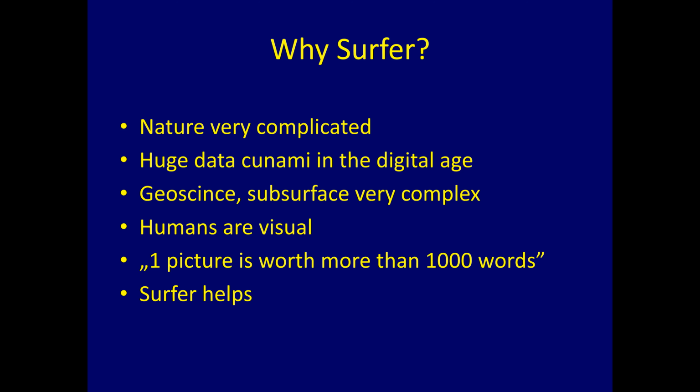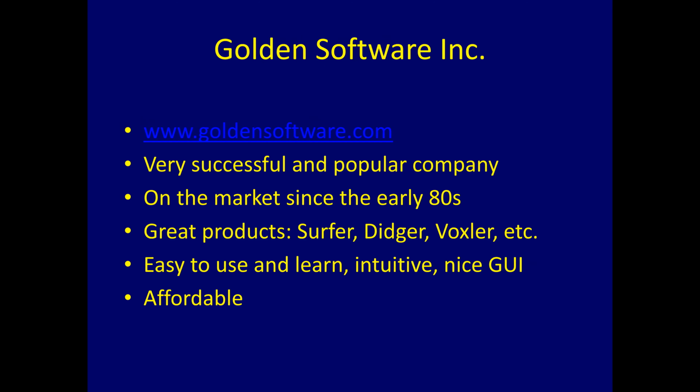Just a few words about the developer of SURFER. SURFER was developed by Golden Software Company, based in Denver, Colorado. There is a famous, well-known university over there called Colorado School of Mines.